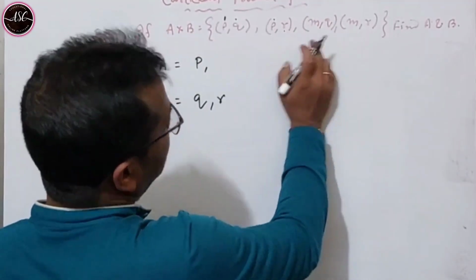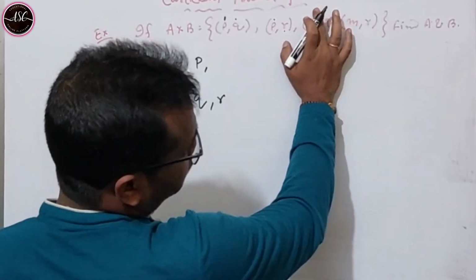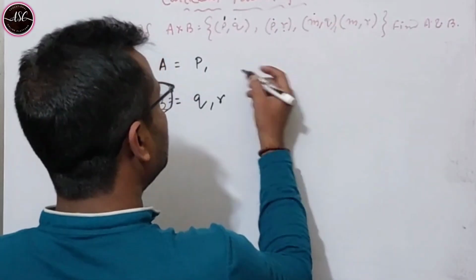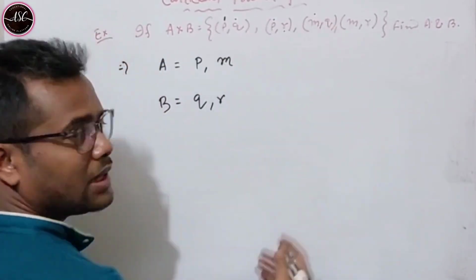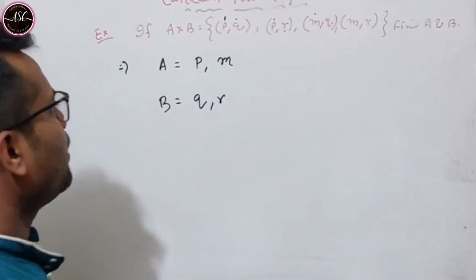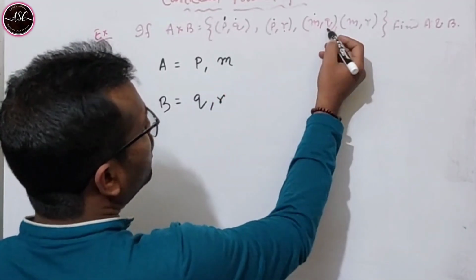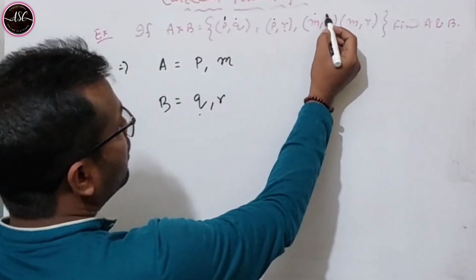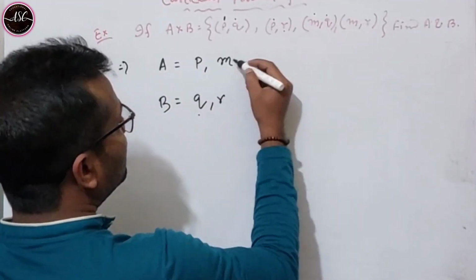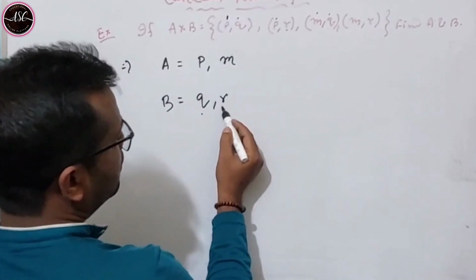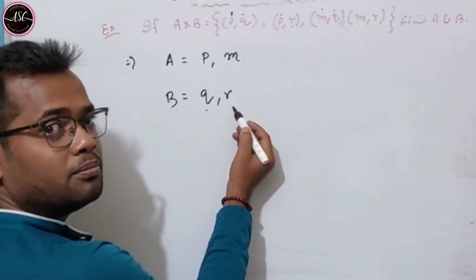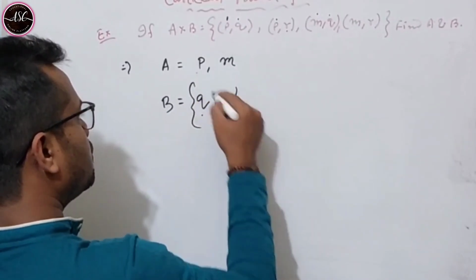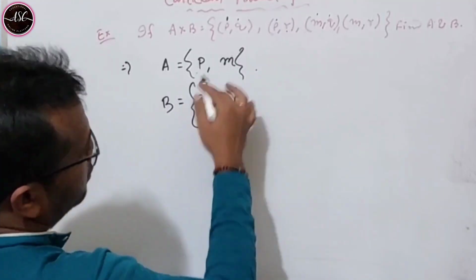Then the second element, M, of the first set: the second element's work has been started. Then this is M with Q, the first element of set B. This is completed. Then the second element M with R, that means the second element of B. Okay, these are the sets.